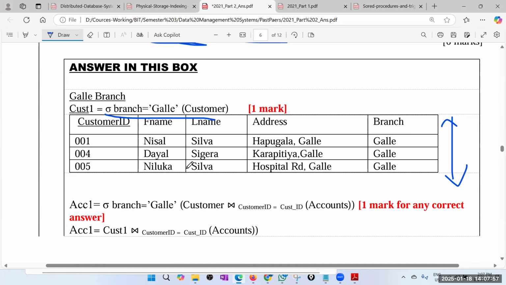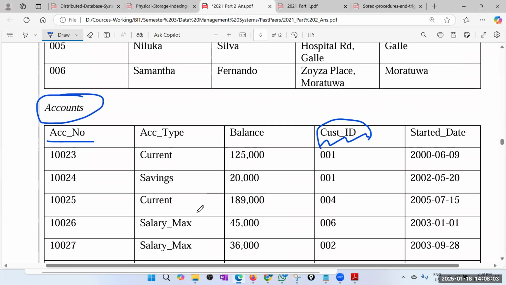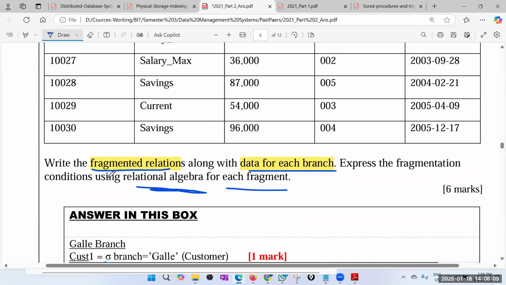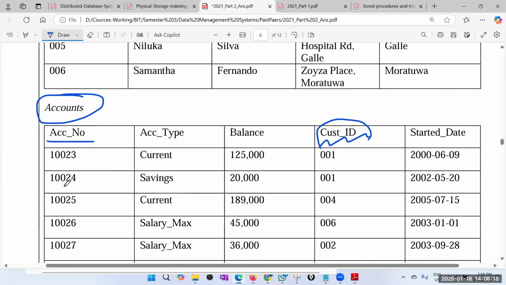Why do we need the second one? Maybe you need details of the account also. Account details are not asked for here. I don't know what the fragment to write is. Yes, I think because the account table is also here, you need fragmentation of the account table also.